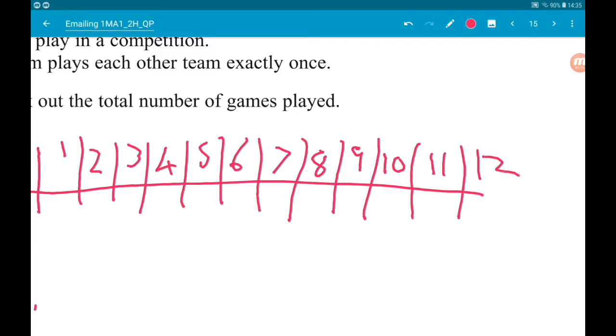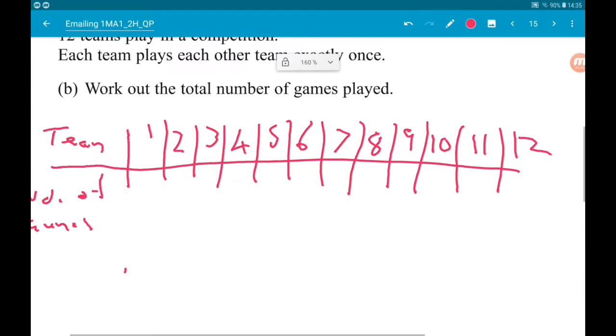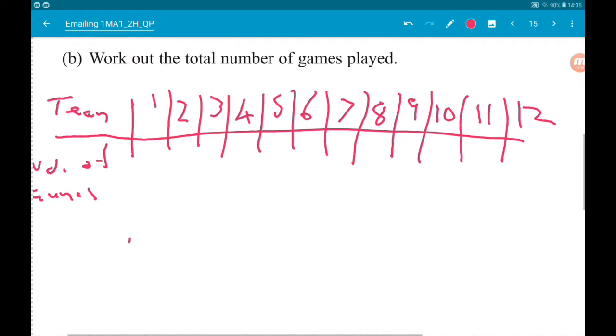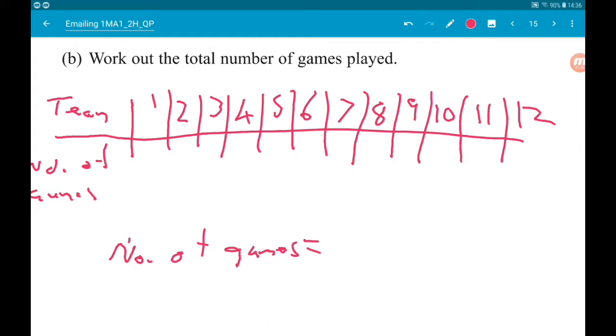Okay, so we have all 12 teams in our table. Now what we're going to say is the number of games in the table is the number of teams to the right of that team.